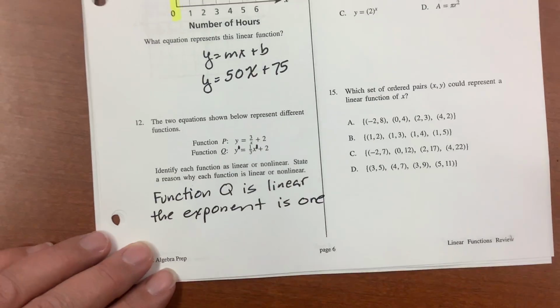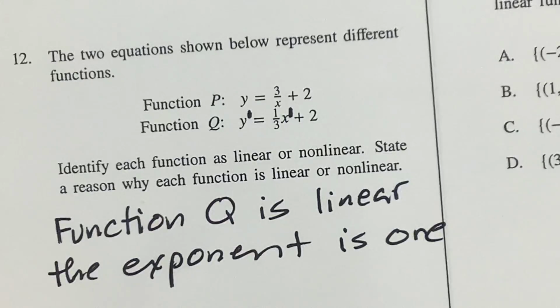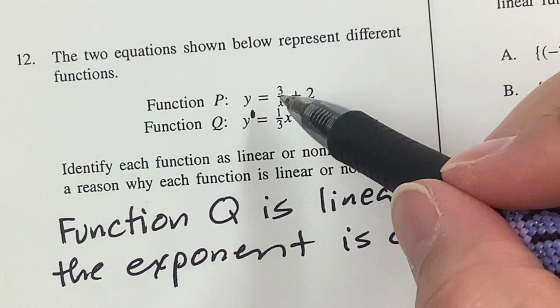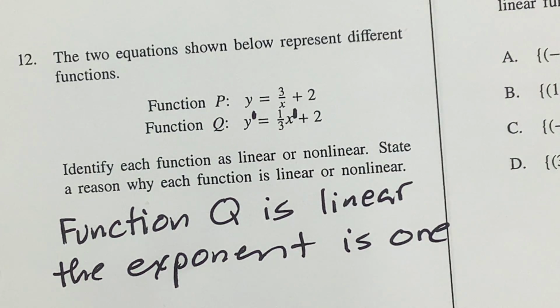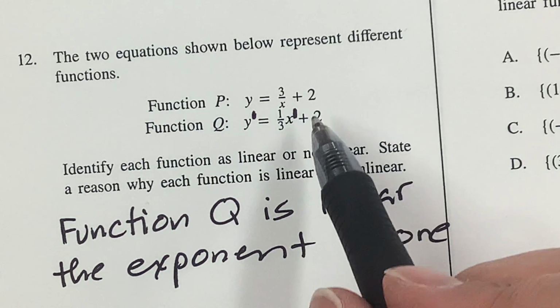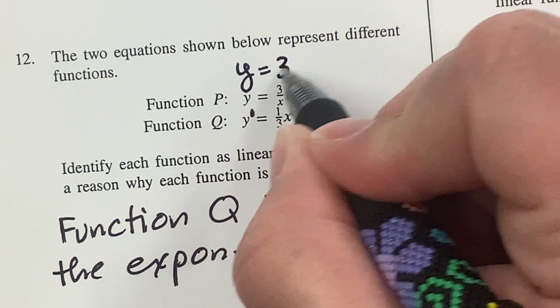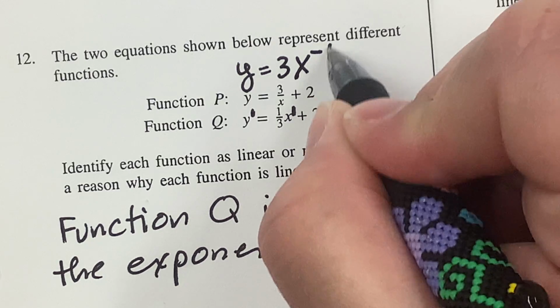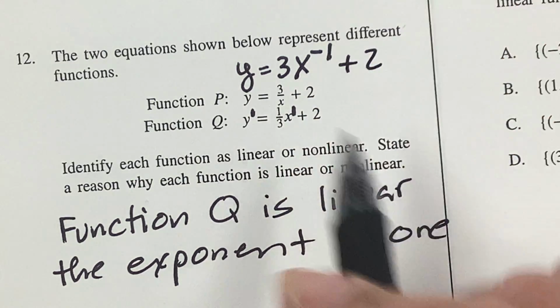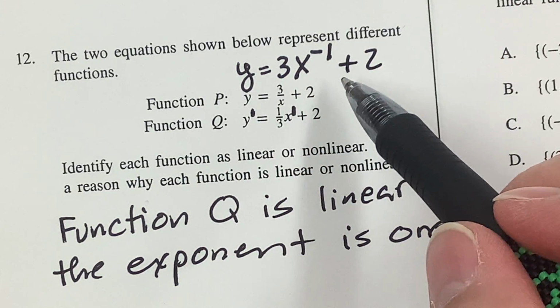But now, let's take a closer look at function P. P has 3 over x. Now remember, x is on the bottom. It's 1, but it's -1 because it's on the bottom of the fraction. I could rewrite this as y equals 3x to the -1 plus 2. And that -1 is not 1.